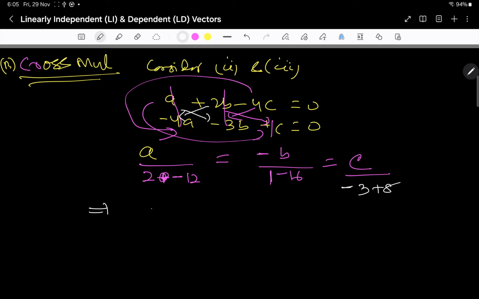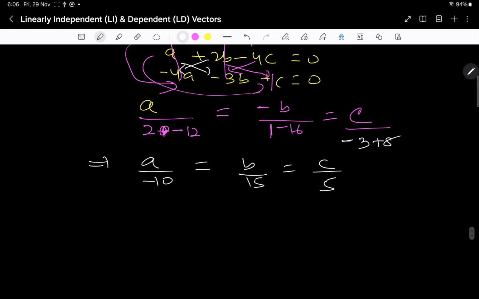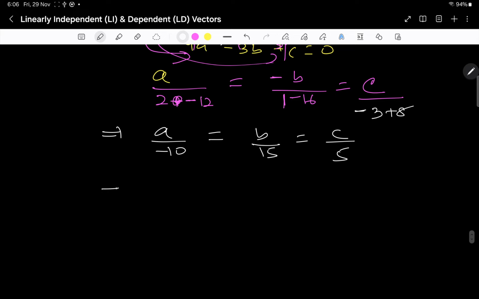So this implies a by minus 10 is equal to b by 15 is equal to c by 5. These are all proportional, I can divide throughout by 5. So a by minus 2 is b by 3 is c by 1.